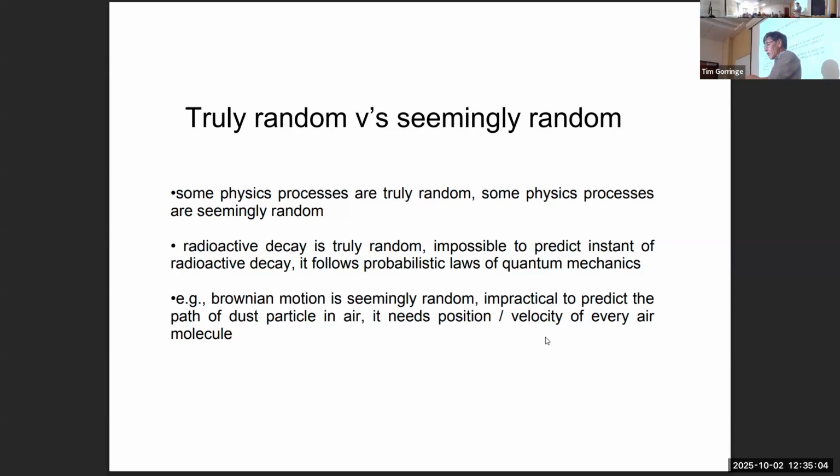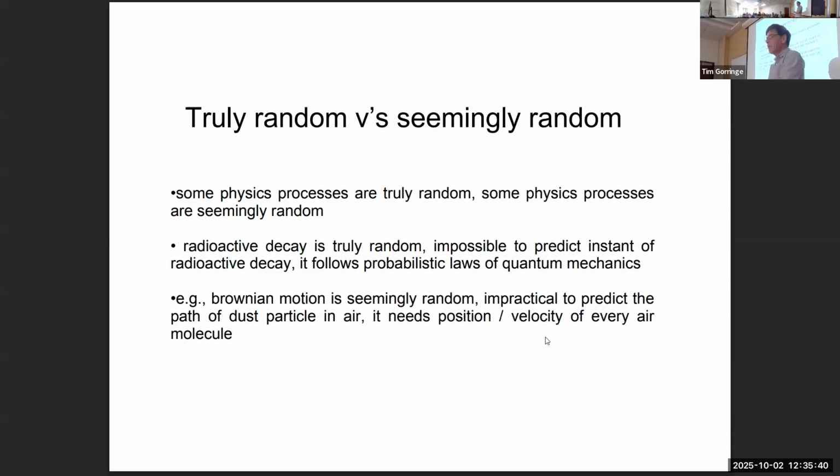The motion of the pollen grain or the dust particle or the smoke particle in air is determined by deterministic laws of physics, but to calculate the motion of the pollen grain or the dust grain in air, you would have to specify not only the initial conditions for the dust particle or pollen grain, but the velocities and the positions of all the surrounding air molecules.